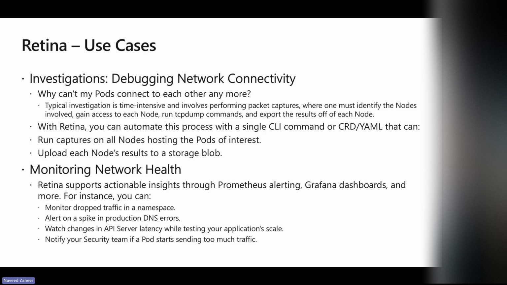So there are two things: number one, the ability to investigate network connectivity issues, and second, monitoring network health. Of course, it's a network observability platform, so that's what it does. So with that, any questions?